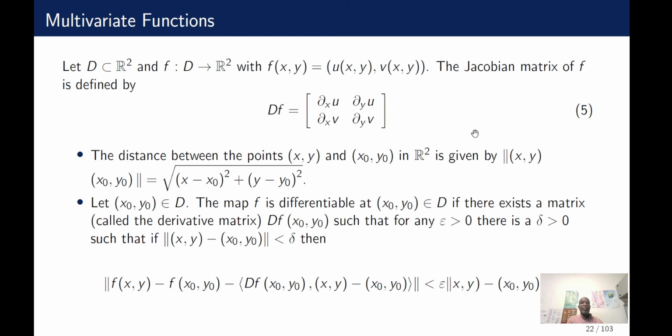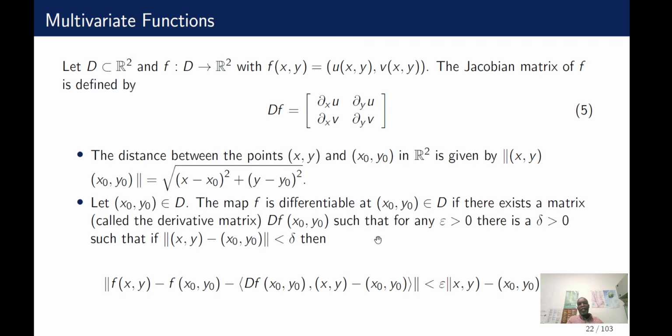extension of derivatives. If now your function is a function of two variables, you define this as a Jacobian, and usually it's just the distance between the 2 points. It means if you want to find the derivative of a function of two variables, you have to have the distance between the 2 points being small.